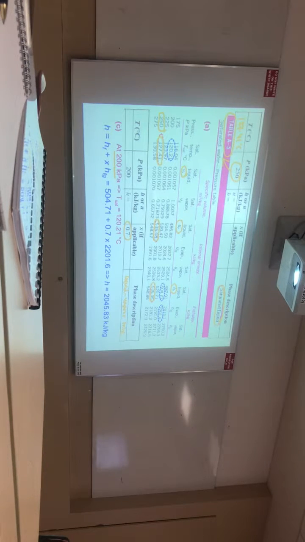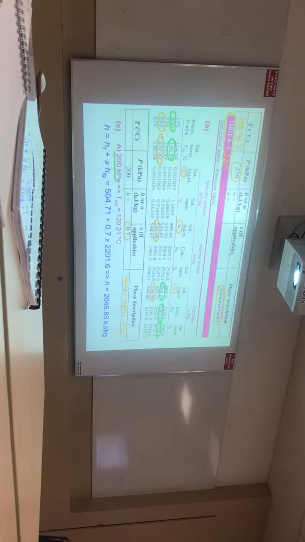Now, at 200 kilopascal, one intensive parameter, right? At 200 kilopascal, this is the green, T saturation is 120.21, and I look for saturated liquid and saturated vapor in enthalpy. This is enthalpy of saturated liquid, HF, and this one is HFG, and this one is the vapor phase, HG.